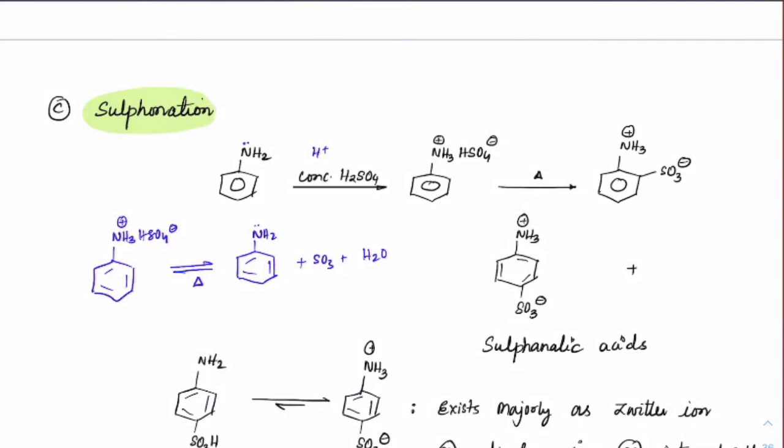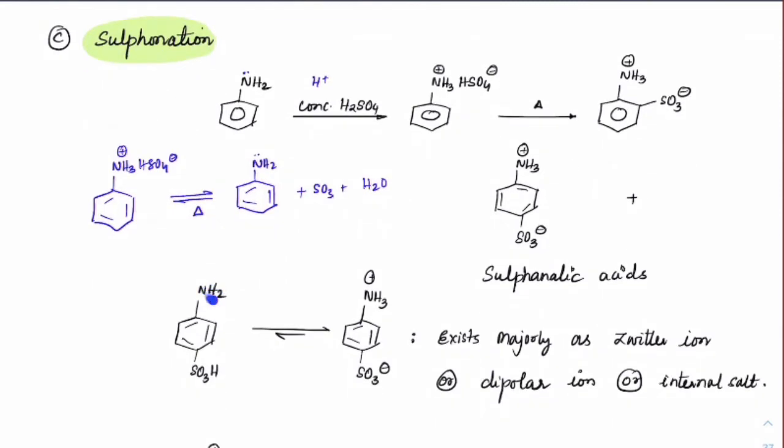Right. Now, once you get this SO3 here, what we observe is that we have NH2 and SO3H in the final product. If you check, this is an acid and this is a base. NH2 is a base.